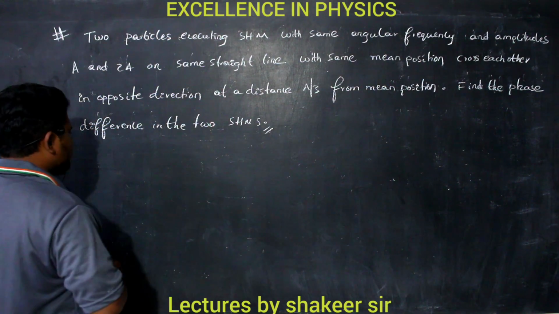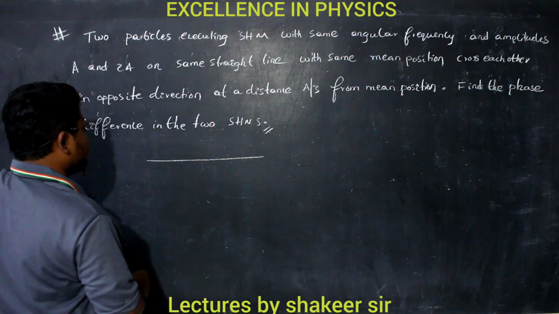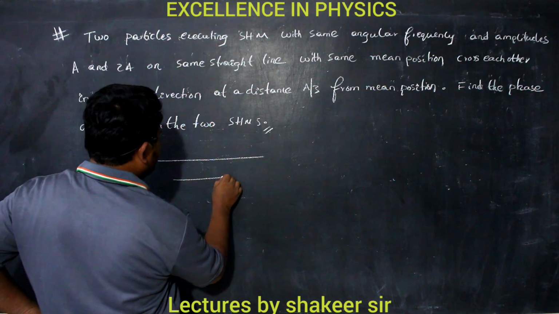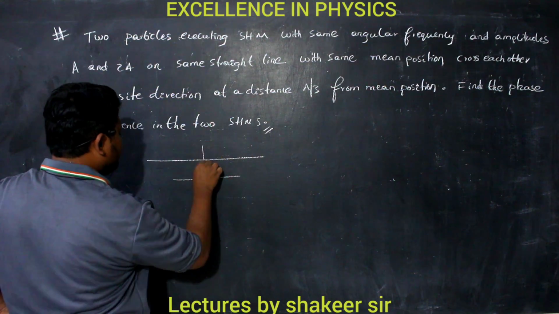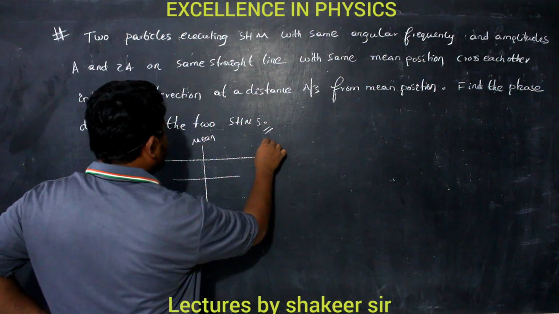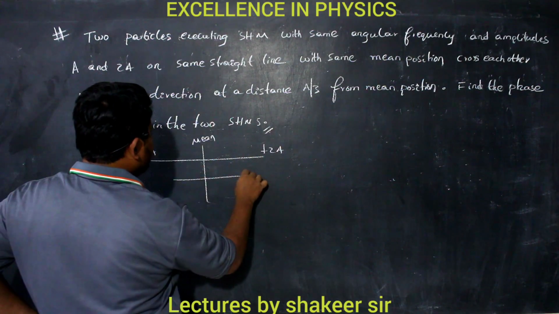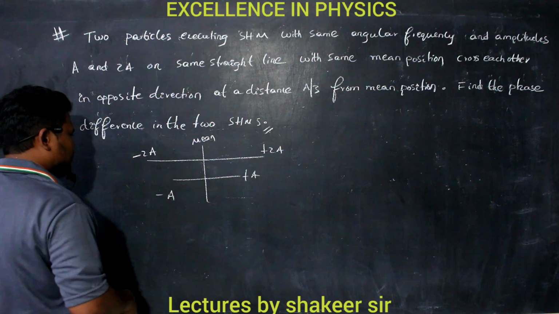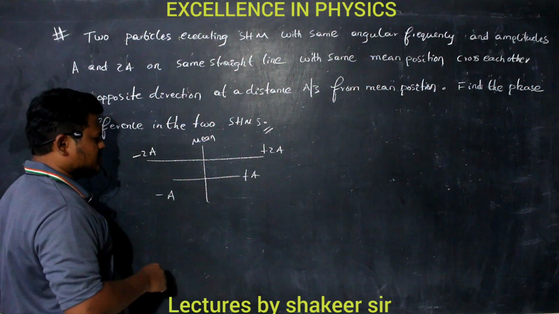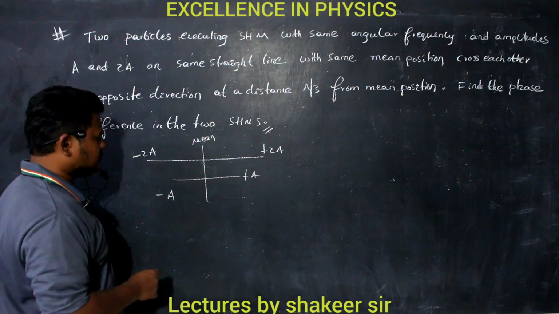So let us try to understand this one by drawing a diagram. This is the path of one particle, then this will be the path of another particle. Both of them have the same mean position. So this is the mean position, this is plus 2A and this is minus 2A, this is plus A and this is minus A. So in this condition, both of them are crossing each other at a displacement of A by 3 from the mean position.